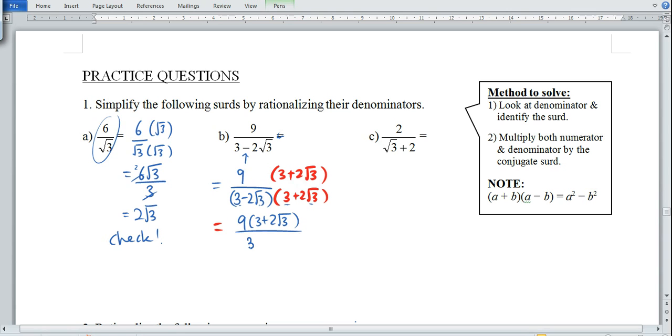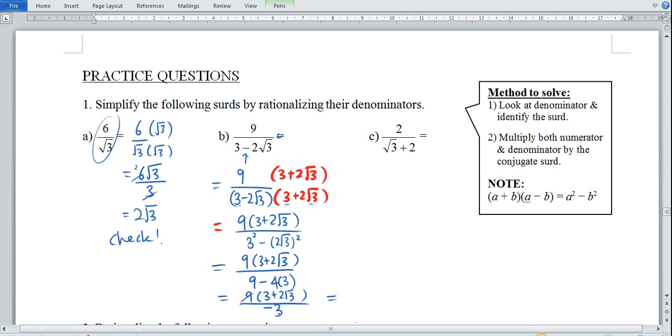So I can write it as a squared minus b squared, and because of the squaring of the surd at the bottom, 2 times square root 3, the whole thing squared is going to give me 4 times 3, which is 12.